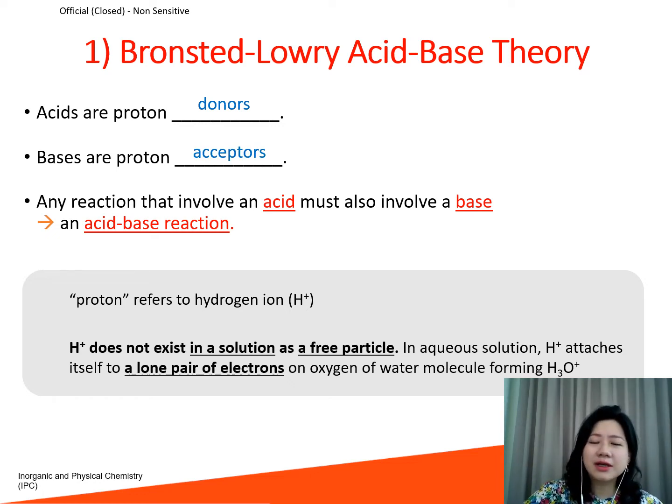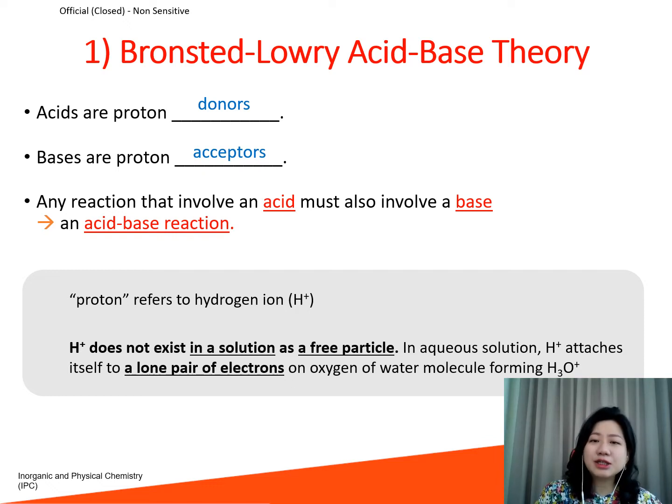The word proton here refers to the hydrogen ion H+. Why is H+ called a proton? If you think about the hydrogen atom, it consists of a proton and an electron. So if you remove an electron from a hydrogen atom, what's left is a proton. To simplify chemical equations, we often write the hydrogen ion as H+.